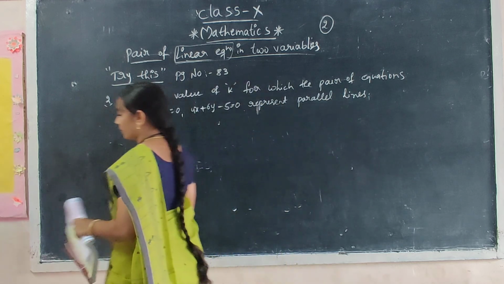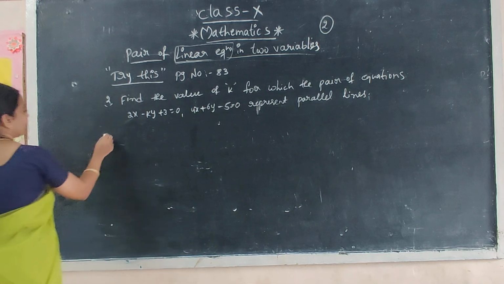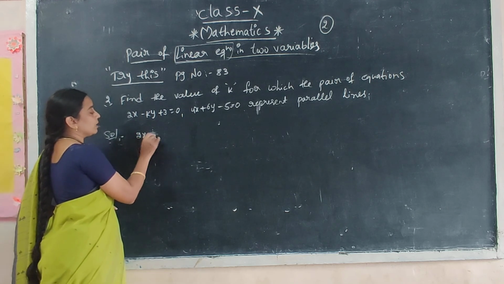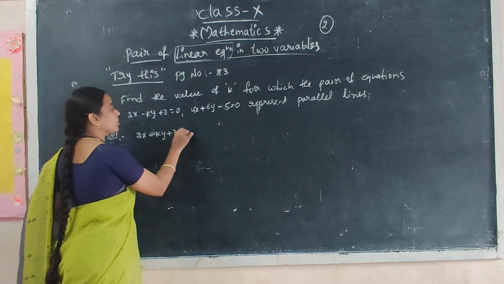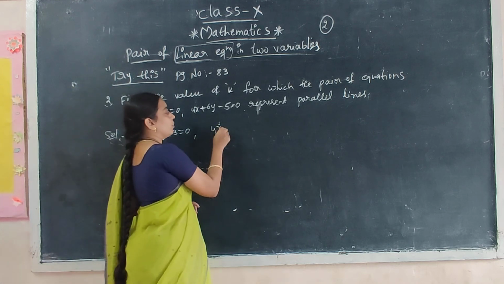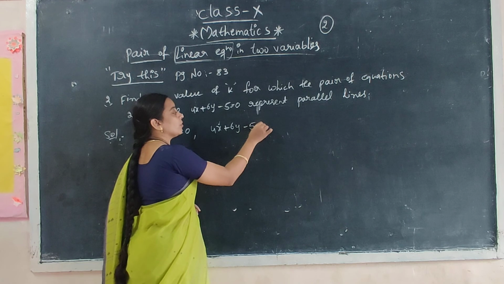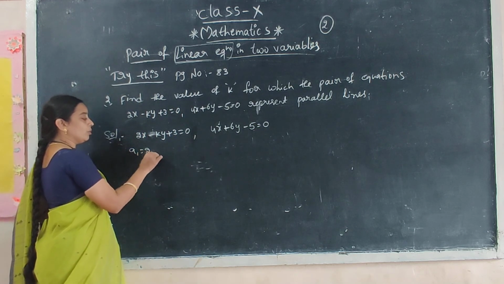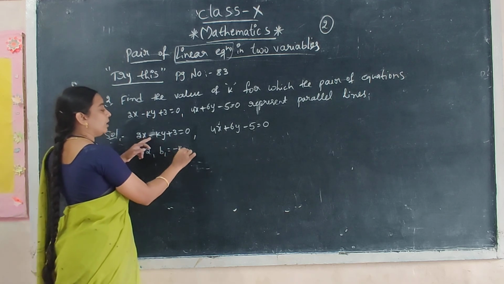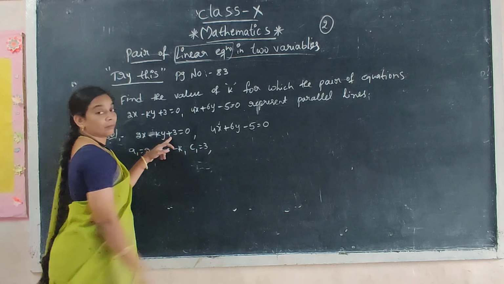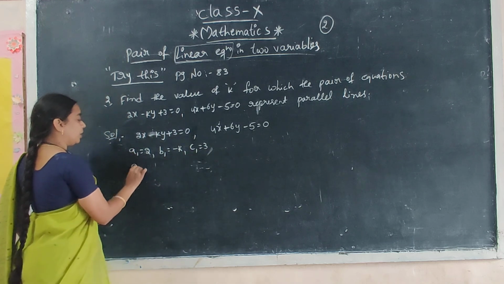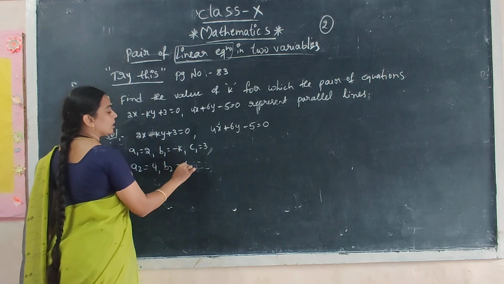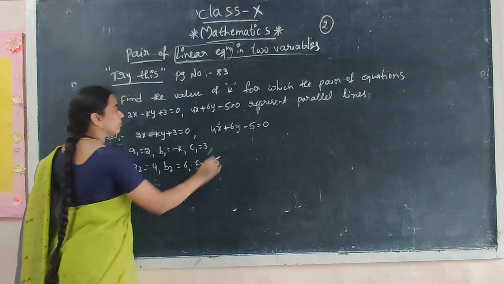Now first of all, write the given equations. The first equation is 2x minus ky plus 3 is equal to 0, and the second equation is 4x plus 6y minus 5 is equal to 0. First of all, write the values. A1 value is how much? 2, B1 value is minus k, and C1 is equal to 3. And next, A2 value is 4, B2 value is 6, and C2 value is minus 5.